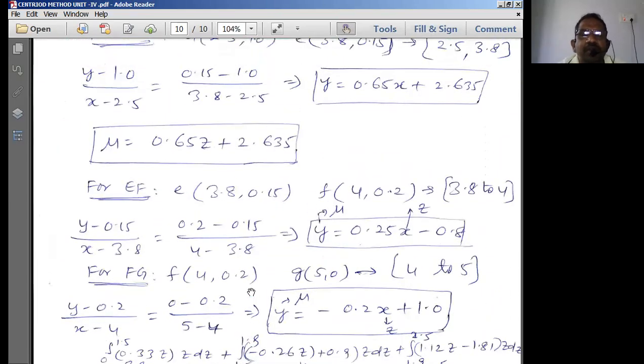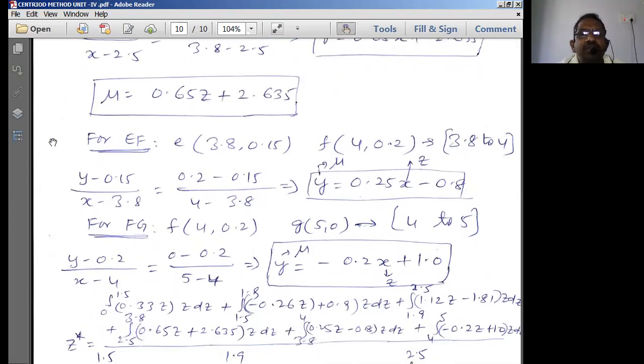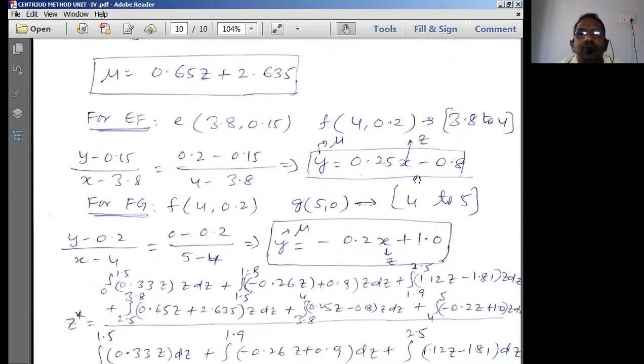The x coordinate is 3.8 for E and 4 for F, and y goes from 0.15 to 0.2. It extends over the limits 3.8 to 4. Let us apply the same equation of a straight line, and by doing so we get mu is equal to 0.25z minus 0.8. So that's the equation that we get here.